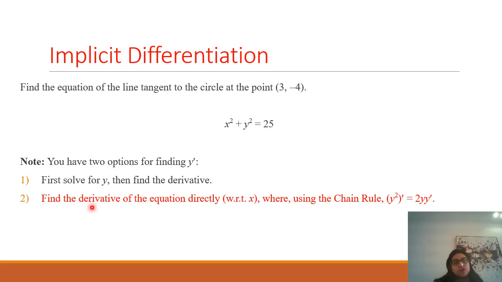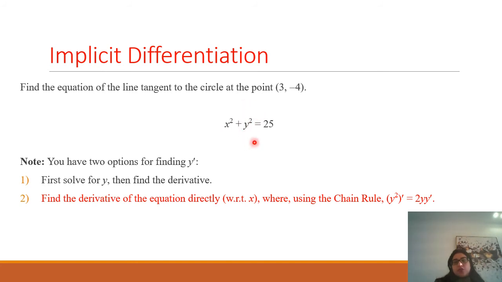Or, which is the easiest way, and this is what we call implicit differentiation, we find the derivative by differentiating this function. Like x squared is going to be 2x. Y squared, what is the differentiation of y squared? Because we differentiate dy by dx, everything has to be with respect to x. So if I have x, I have no problem, it's going to be 2x.